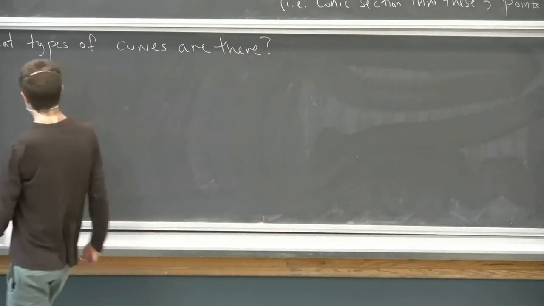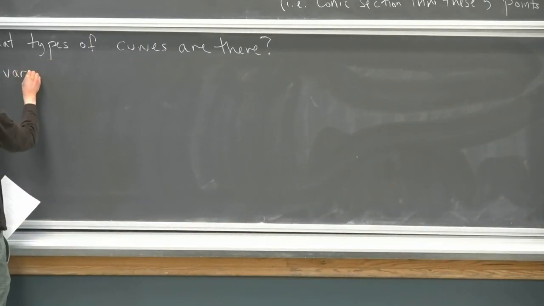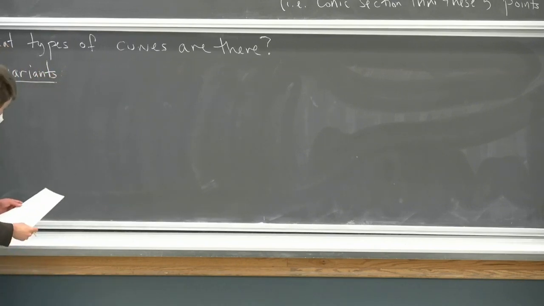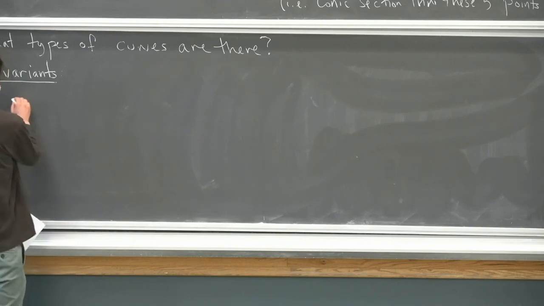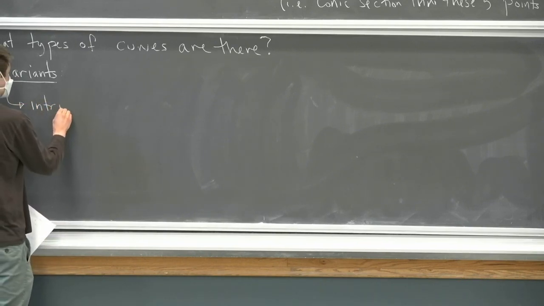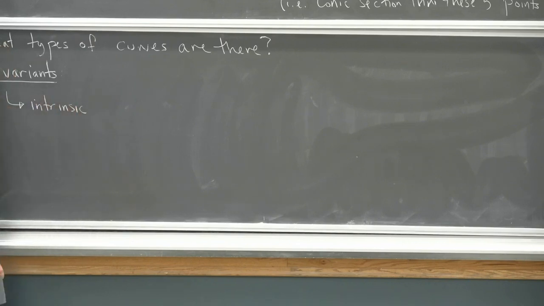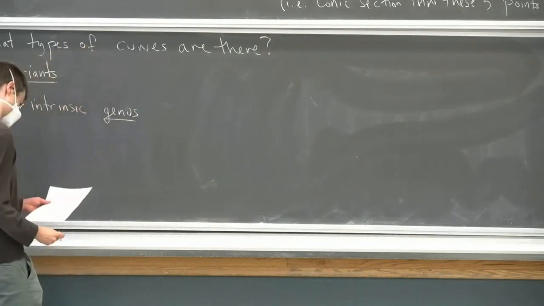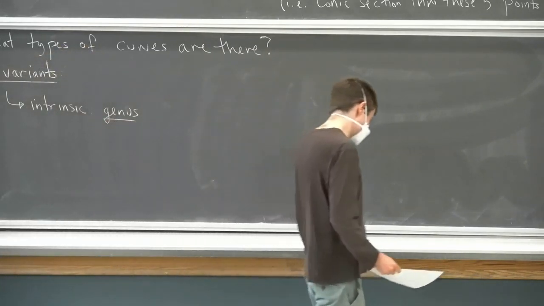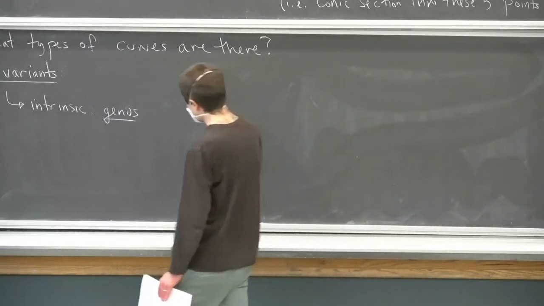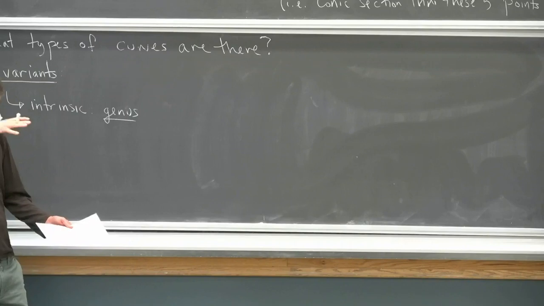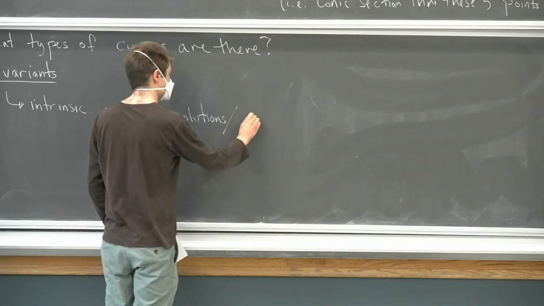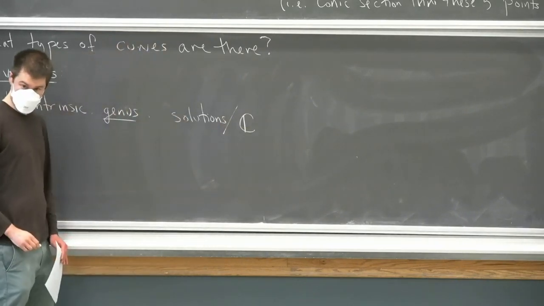So there are several important invariants of curves. So there's an intrinsic invariant called the genus of a curve. Probably the easiest way to explain this is to say I have some system of polynomial equations. And I'm going to look at the solutions to this system of equations, not over the real numbers, but over the complex numbers.